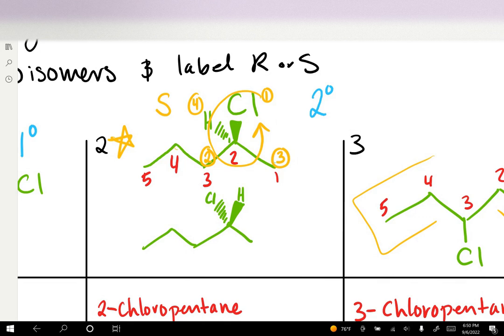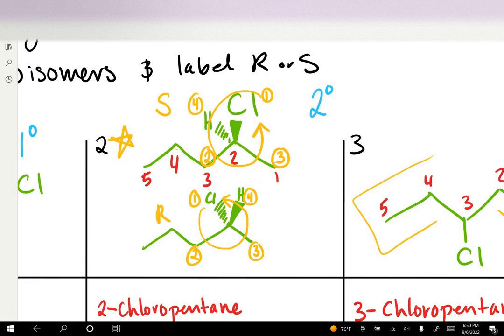Down here, we'll do the same thing. Our groups don't change, even though the stereochemistry changed here. We're going to draw our twist again here, but because our lowest priority group is shown coming forward, we can't have that, and so we know to flip the sign here.